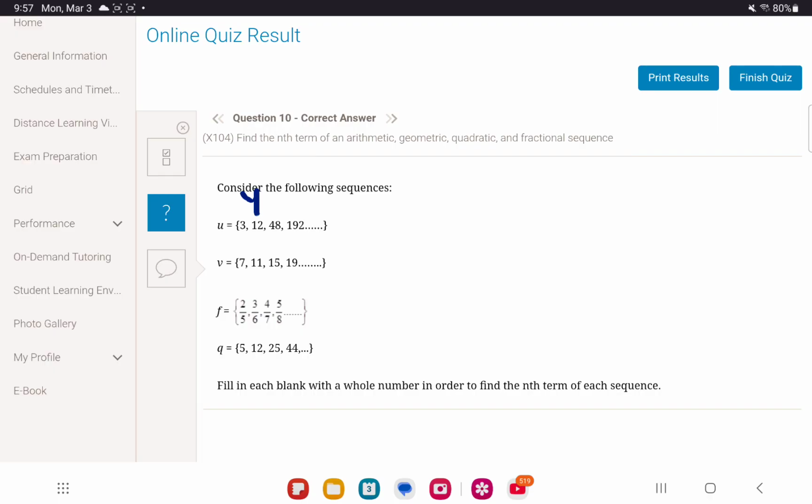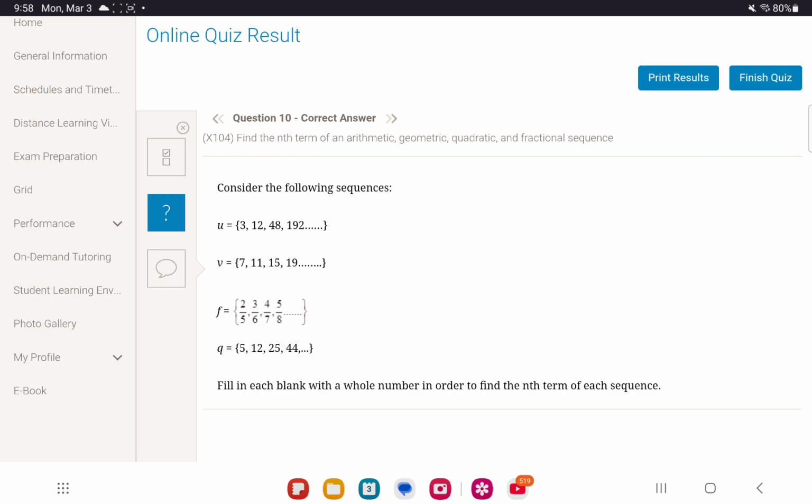But if we subtract 3 from 12, you get 9, and if you subtract 12 from 48, you get 36, so it's not the same. When the 4 and the 4 are the same, that's your common ratio. So it's a geometric progression, and our ratio is 4.